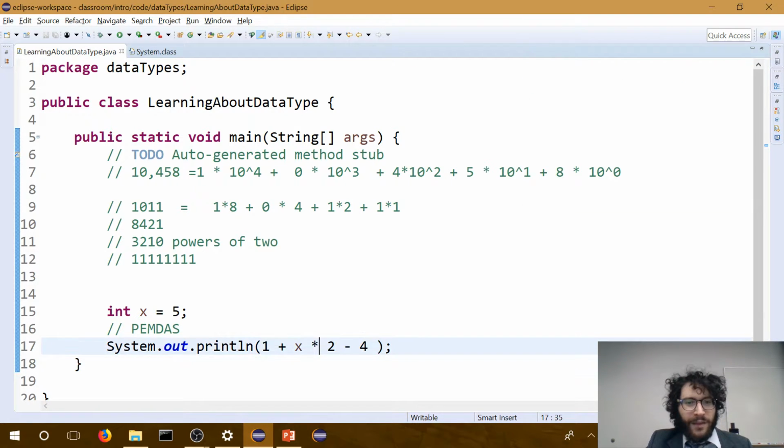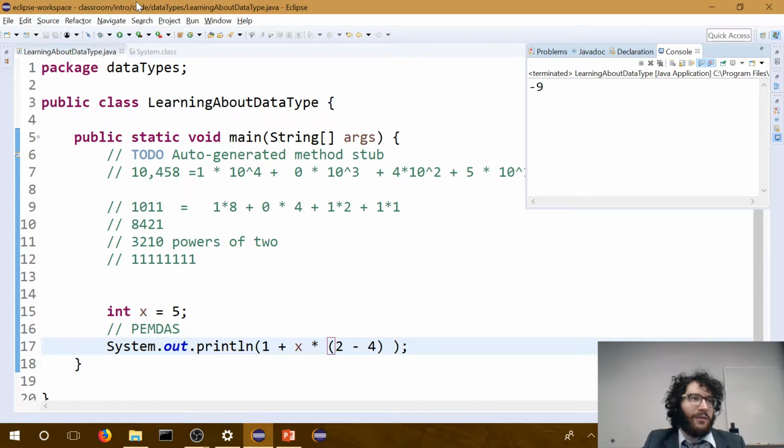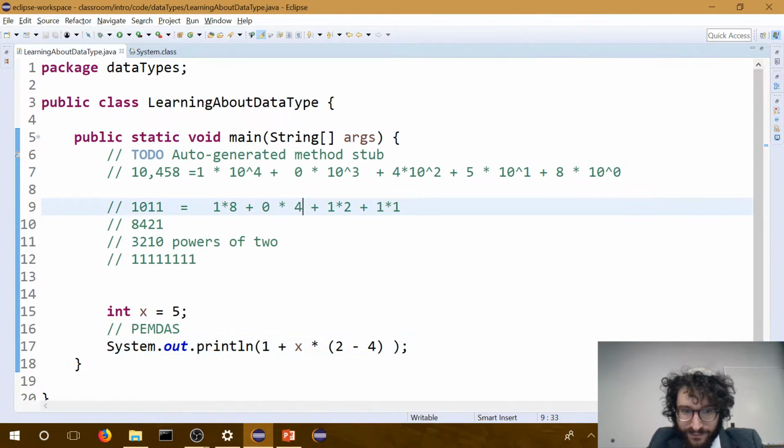If I want to ensure that order of operation goes in a specific way, I just throw parentheses around everything. So this would be x times negative 2 plus 1. So 5 times negative 2 plus 1, so negative 9. Right? This is easy stuff, 4th grade math that you had to deal with, so this is old hat.